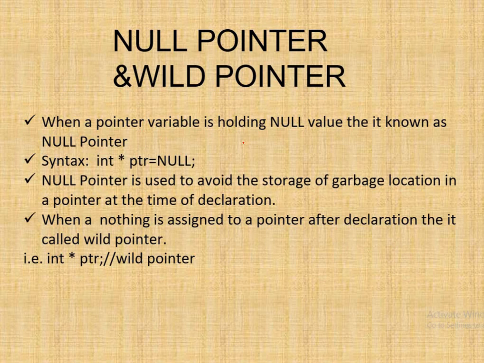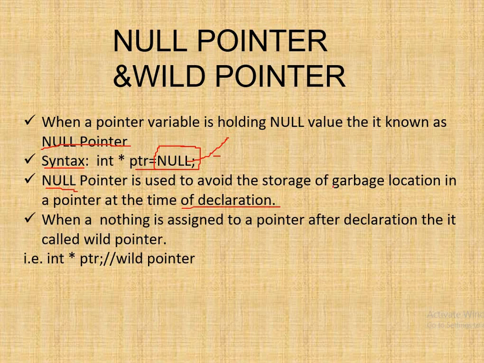Next is the null pointer. When a pointer variable is holding a null value, it is known as a null pointer. Syntax is int *ptr = NULL. It means initially we have assigned null. Null means 0 in C language. A null pointer is used to avoid the storage of a garbage location in a pointer at the time of declaration.